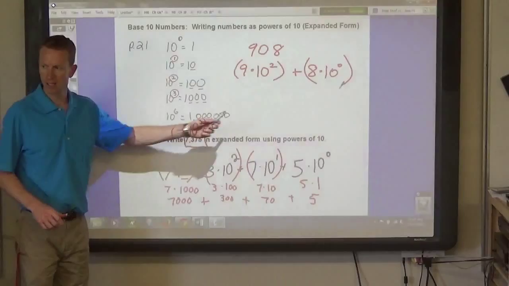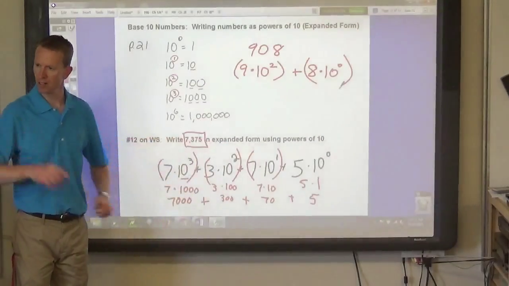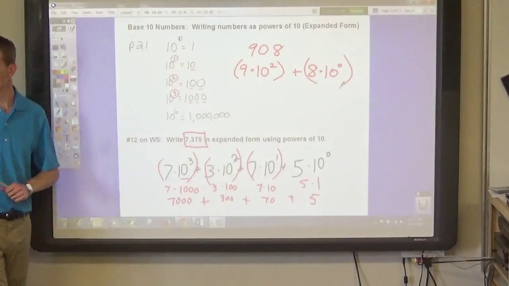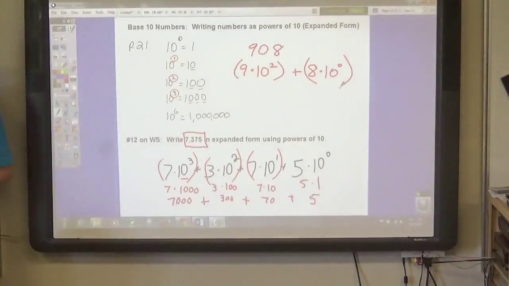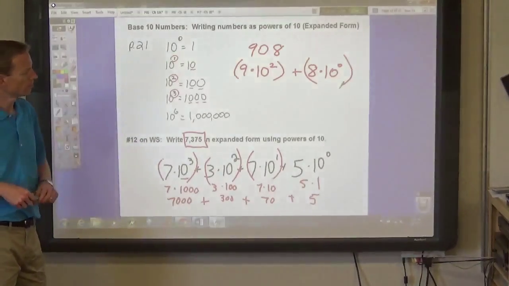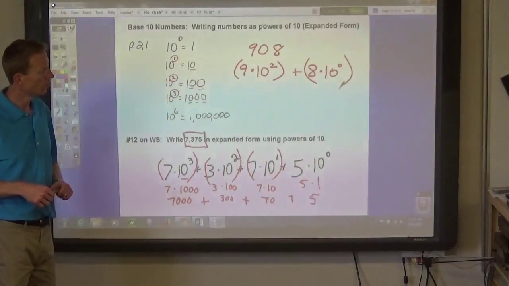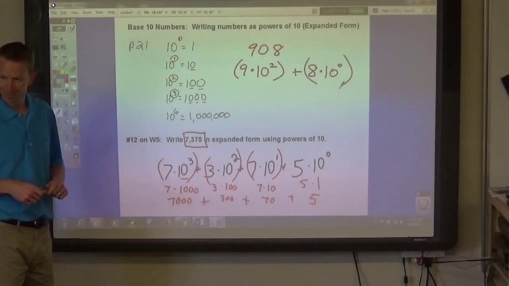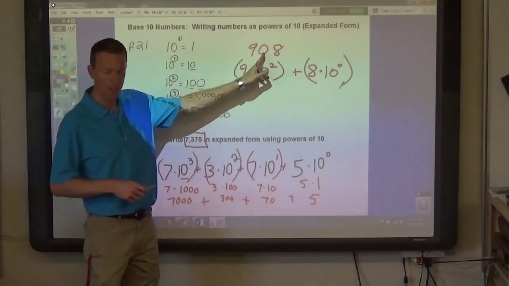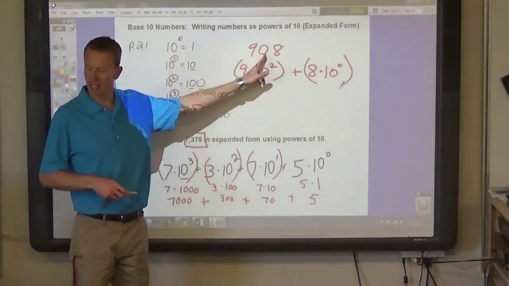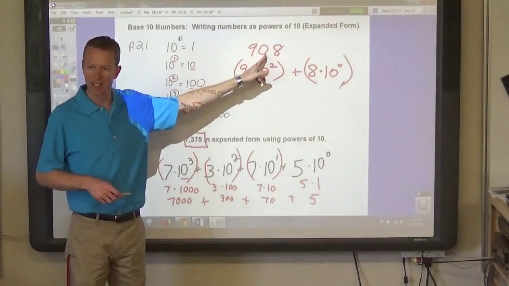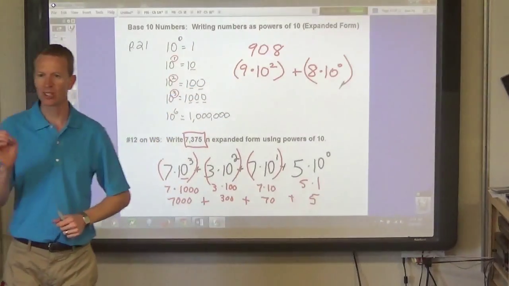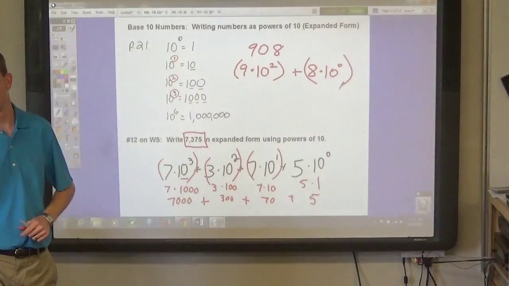Questions on that concept? Nate? On my assignment, if it was that problem, I would do 0 times 10 to the second power. Since this is the 10 to the second power place, you could write 0 times 10 to the second power, but the answer of that would be 0.